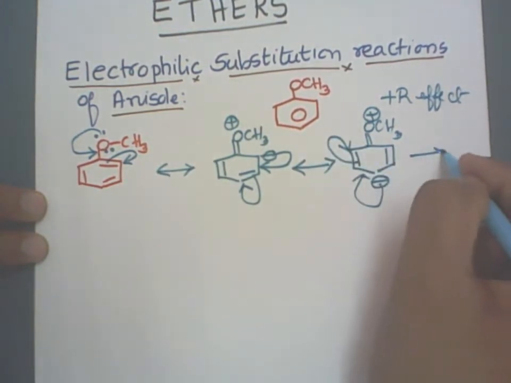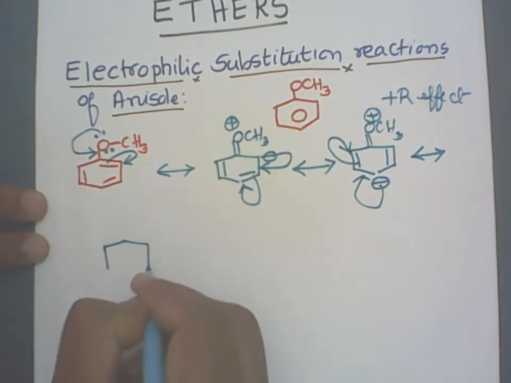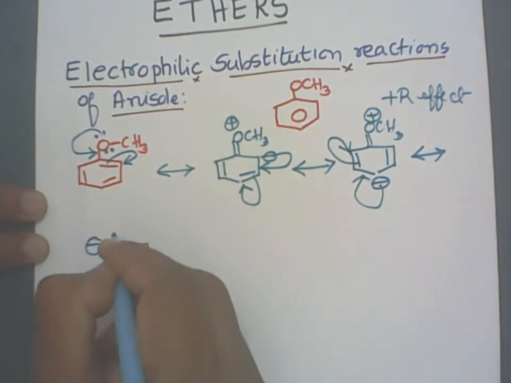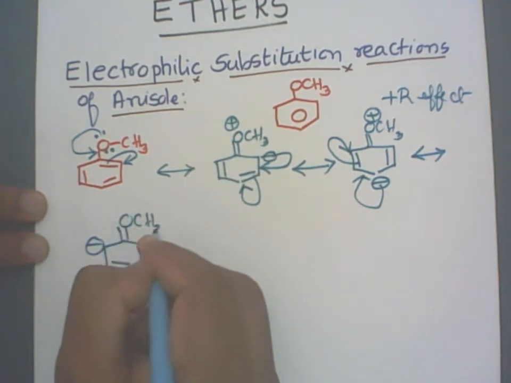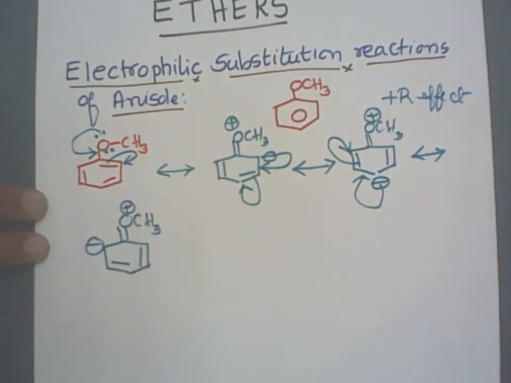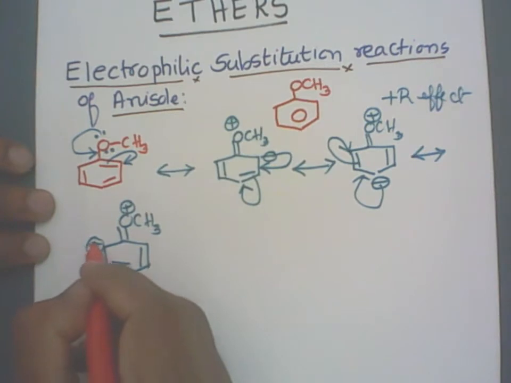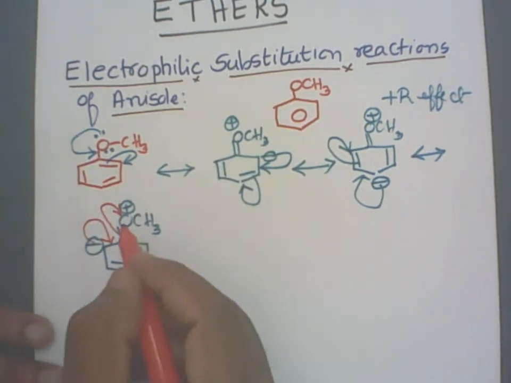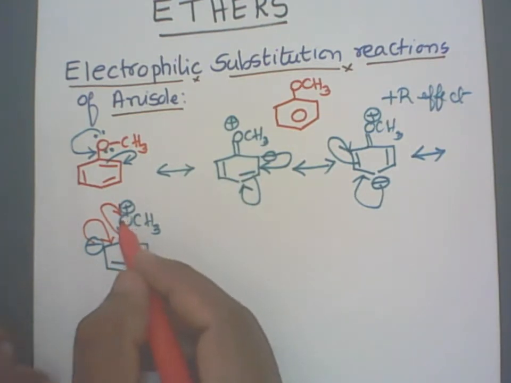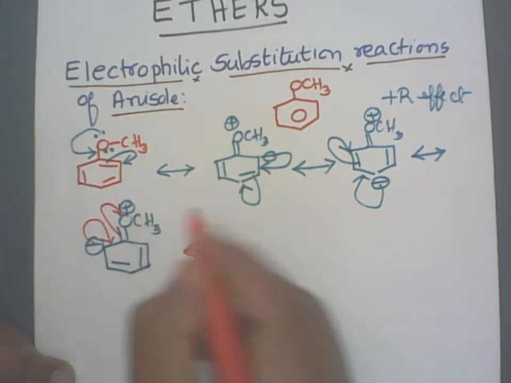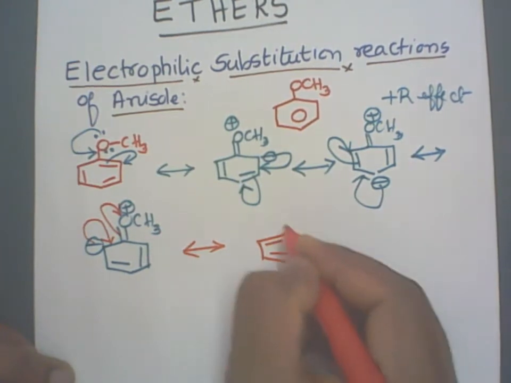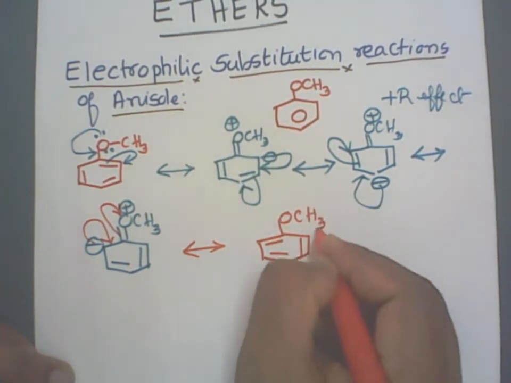The next structure has a negative charge here, double bond, then OCH3 positively charged. Finally, this negative charge becomes a bond and the positive charge on the oxygen is neutralized to give the original structure, with double bonds and OCH3.